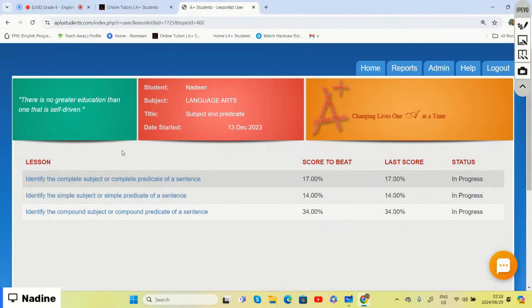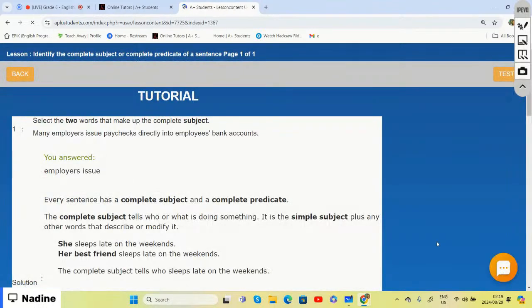All right, so now we're going to a test on A plus students.ca where we're going to identify the complete subject or predicate within the sentence.